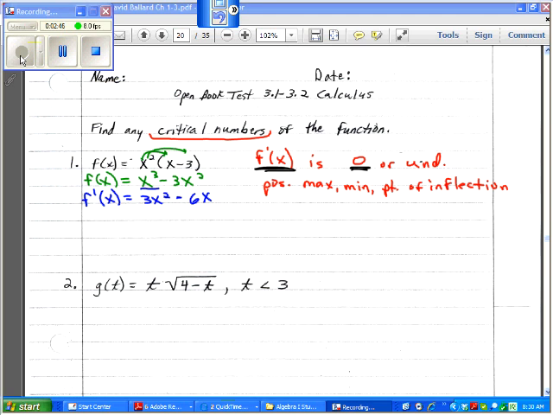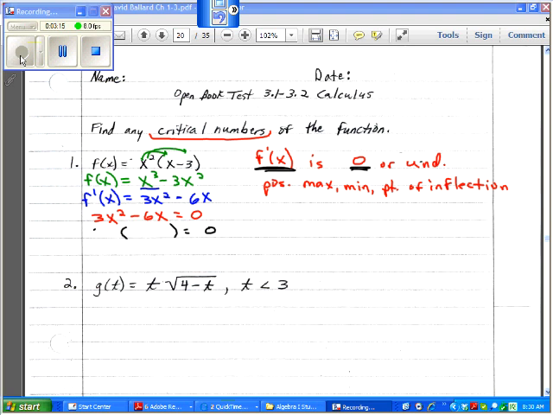Okay? So we want to set this equal to 0, so we're going to have 3x squared minus 6x is equal to 0, and then we solve. Now, how do you solve a quadratic? This is a quadratic with an a and a b, but not a c. So we do what? We factor out the greatest common factor, which is going to give us a monomial times a binomial.